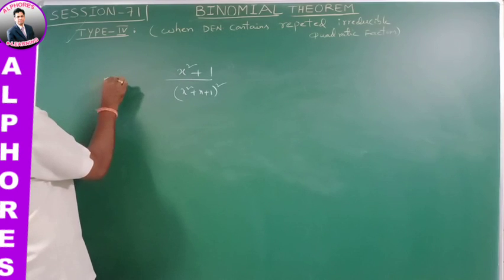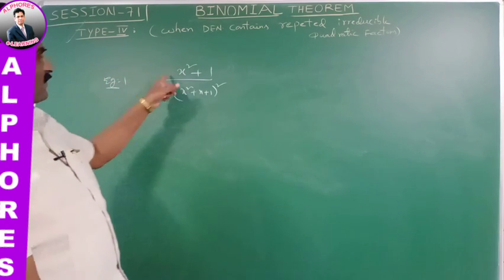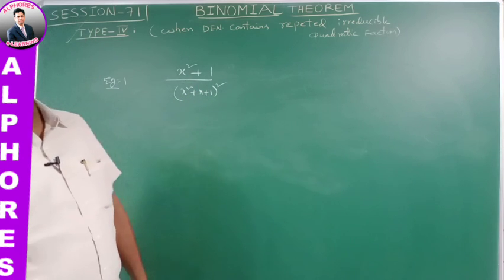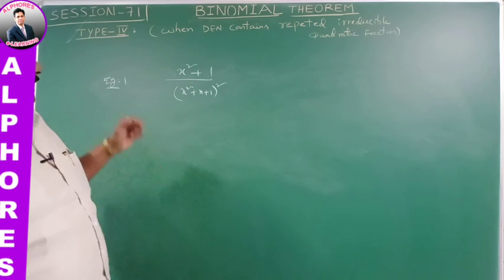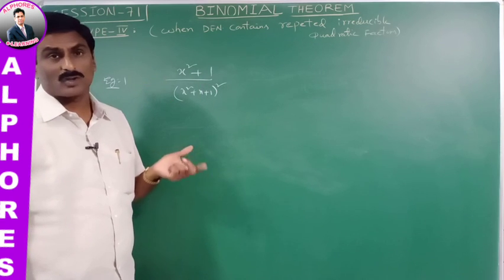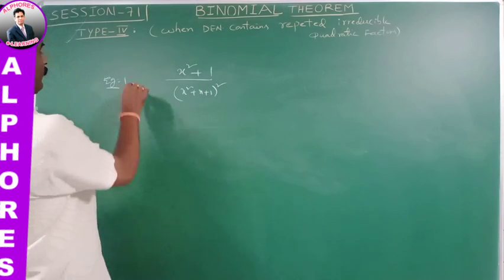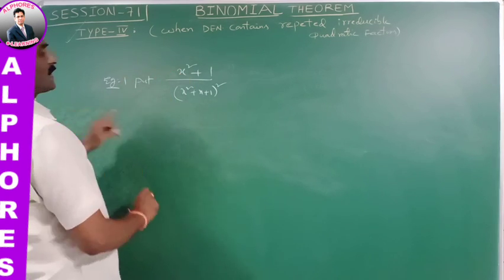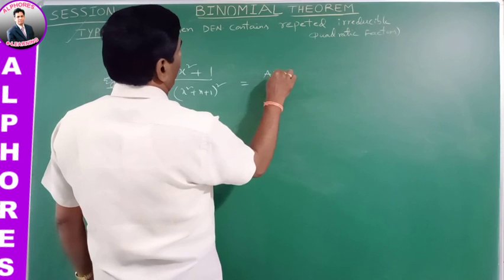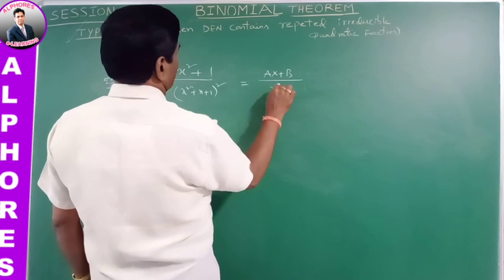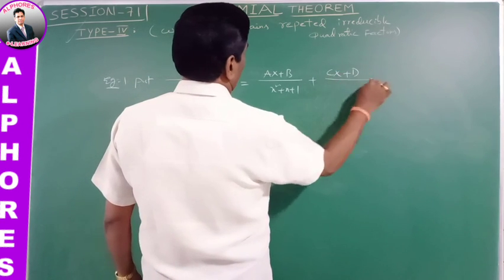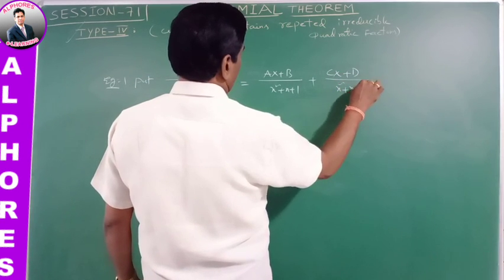Please write this example. Please observe this value. It is an irreducible quadratic and it is repeated 2 times. So we get 2 partial fractions. Put (x square plus 1) by (x square plus x plus 1) whole square equal to (ax plus b) by (x square plus x plus 1) plus (cx plus d) by (x square plus x plus 1) whole square.